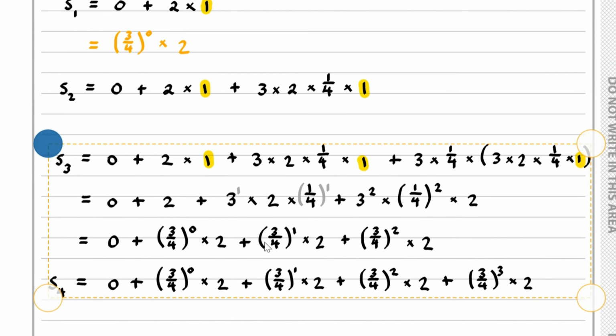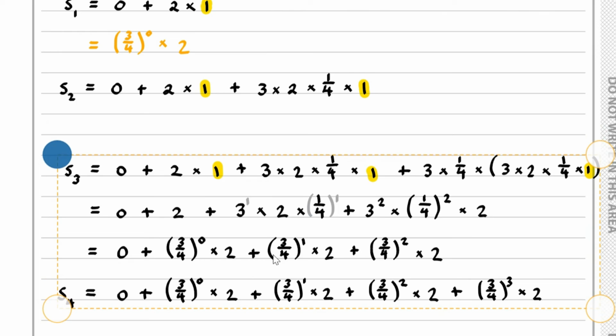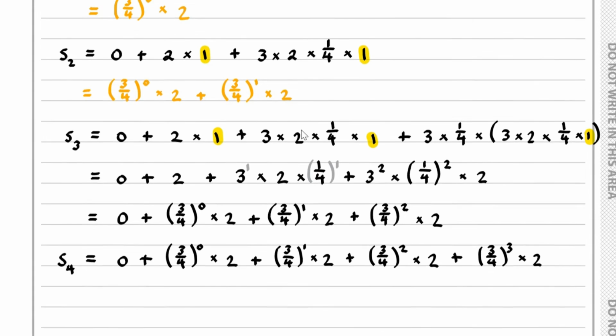Well, we could potentially rewrite that as 3/4 to the 0 times 2 plus 3/4 to the 1 times 2.